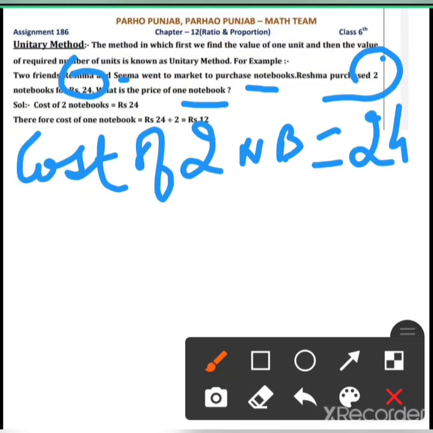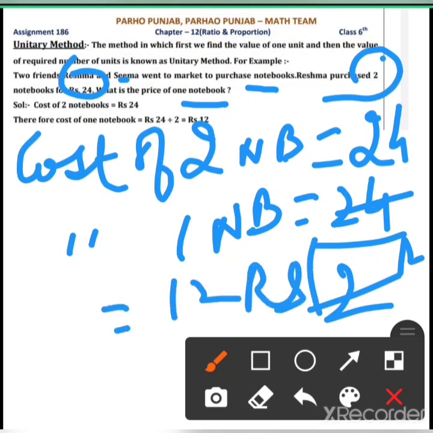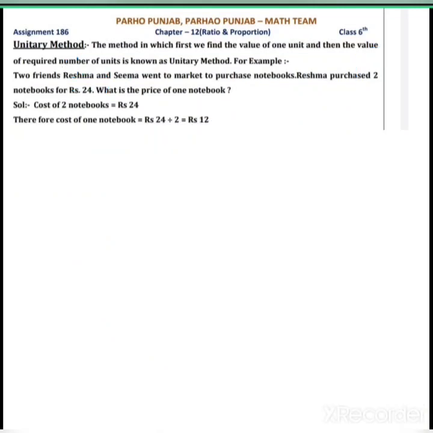Now what will be the cost of one notebook? We have to divide 24 by 2. 2 twelves are 24, that is 12. It means the cost of 1 notebook is equal to 12 rupees. Therefore, the cost of one notebook is 12 rupees.